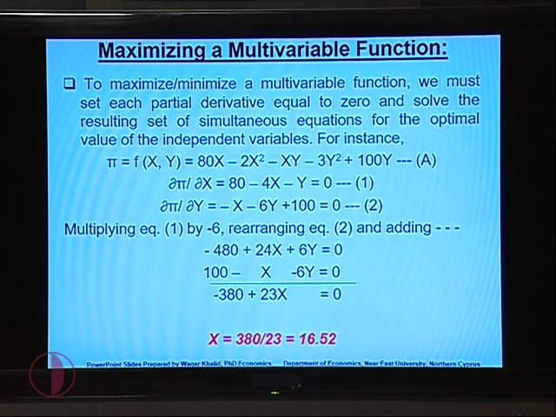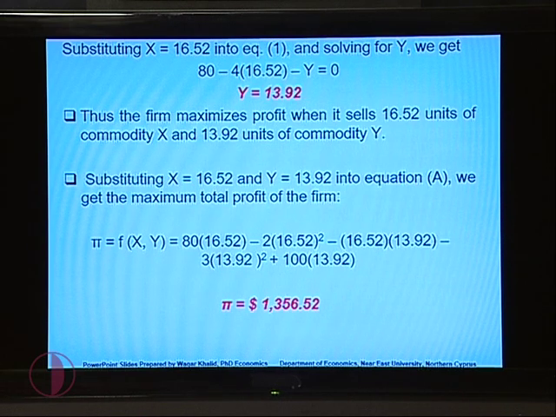This was equation 1. Now substitute the value of x here. So this expression will become 80 minus 4 into 16.52 minus y is equal to 0. This implies that y is equal to 13.92. If we multiply minus 4 with 16.52 and subtract it from 80, the y value will be 13.92.